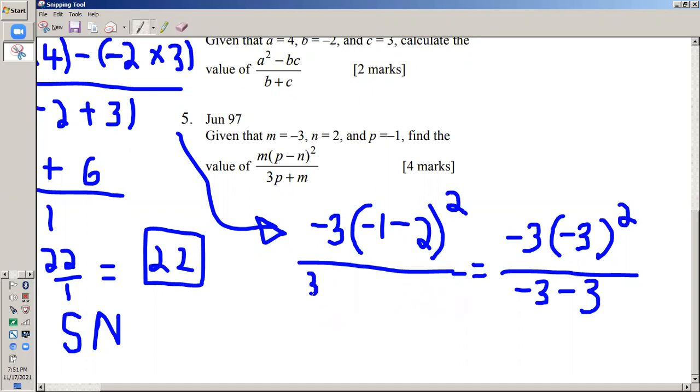It's going to be 3p, I'm using brackets so I'm using a multiplication sign, plus -3. So 3 times 1 is 3, and a positive and a negative give you a negative, and remember the 3.